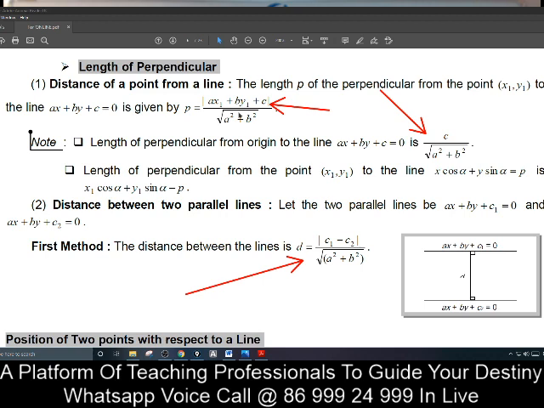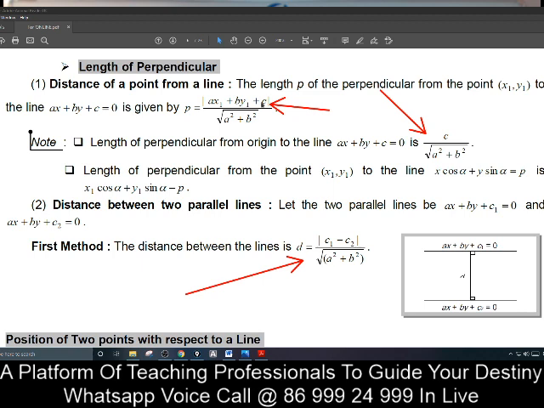The reason is a line is made up of points and a plane is made up of lines, and hence while we are talking about two planes, we call it the line of intersection of planes. And hence all these concepts will be straight away transferred to the 3D plane.